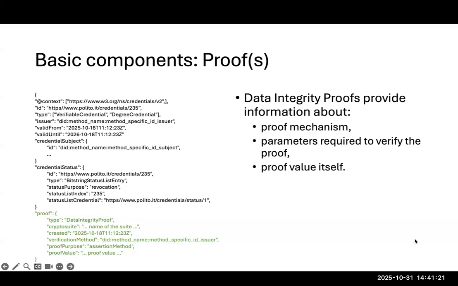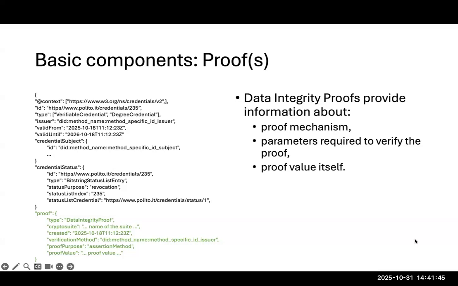The property created is a timestamp of when the signature was made by the issuer. The verificationMethod provides the whole DID of the issuer, also with the fragment if the DID document of the issuer has more than one verification method.